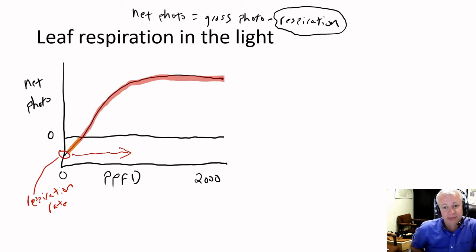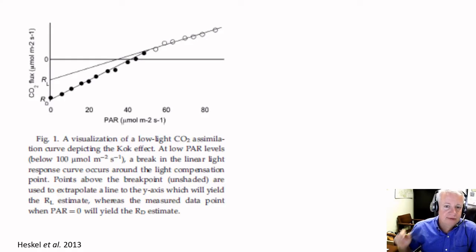And therefore, there's plenty of ATP in the leaf, at least, to meet those maintenance needs in the light. So conceptually, it makes sense that that happens, but measuring it has been difficult. So how has the rate of respiration in the light been measured?